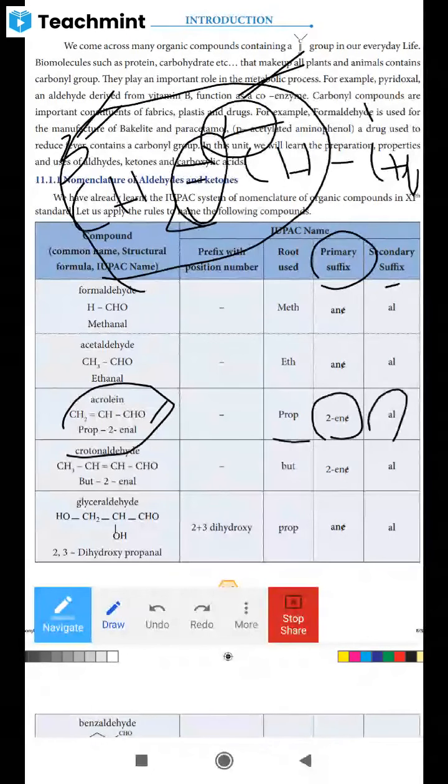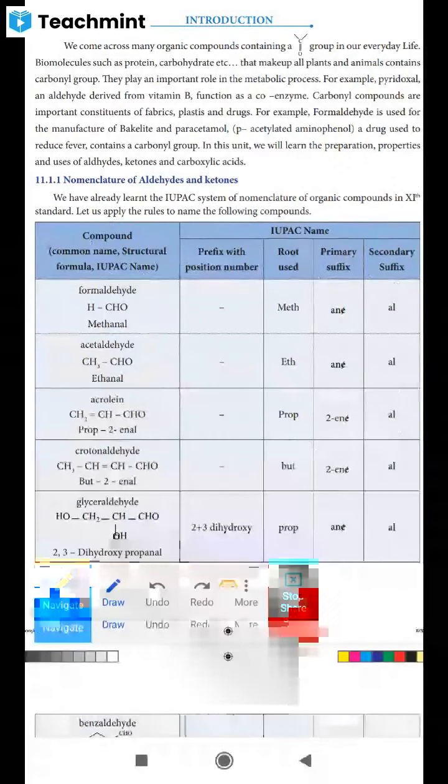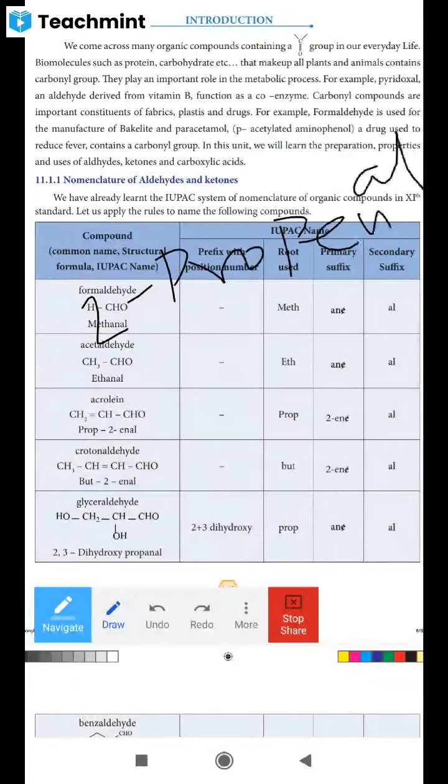So al. Join everything by striking the e. You will get prop-2-enal. Or you can write it like this, 2-propenal. You can write like this also.